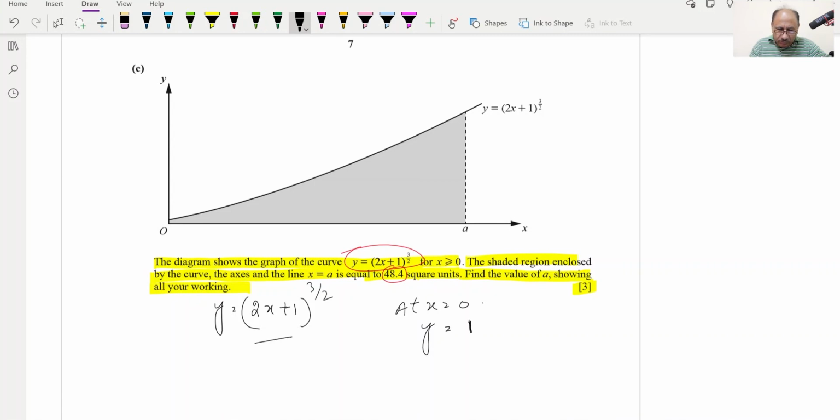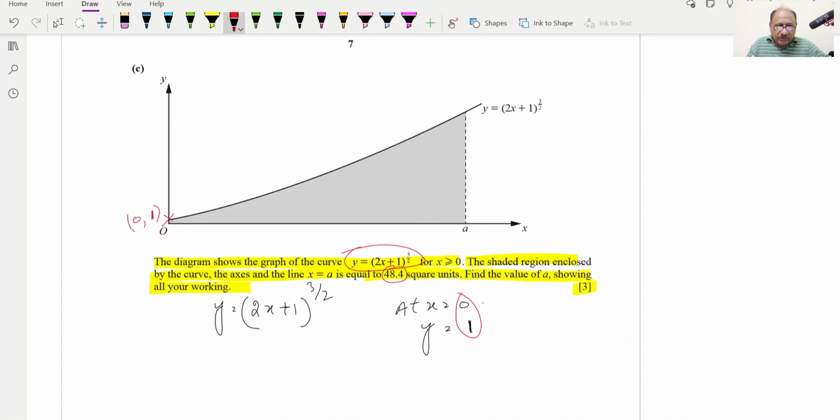If we replace x with 0 in this one, we'll get y is equal to 1. So this point is at x is equal to 0, so the coordinates 0 and 1 we found from here.